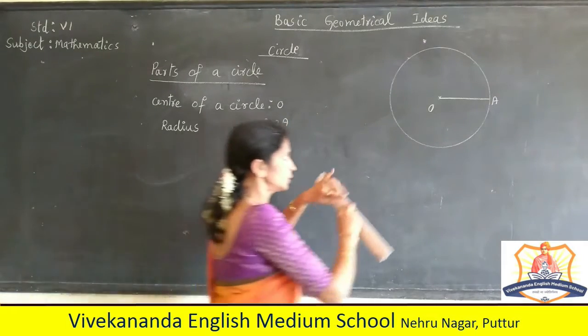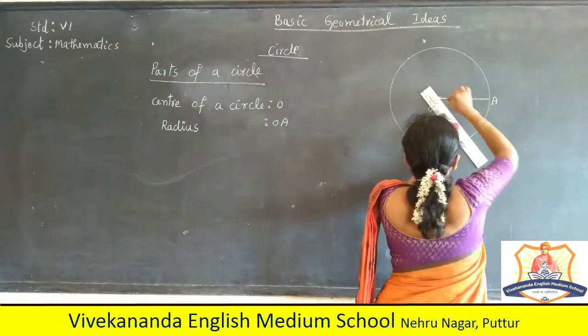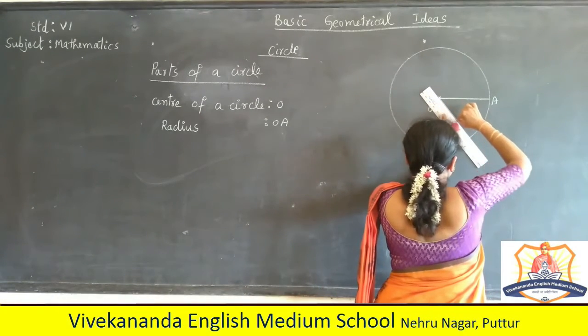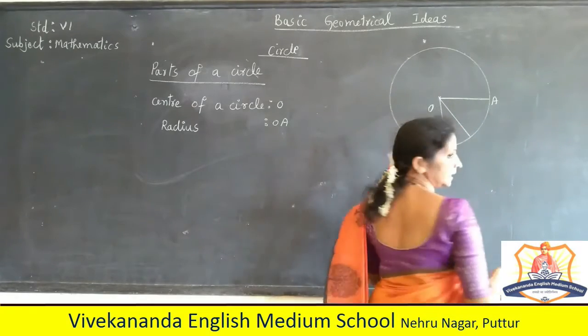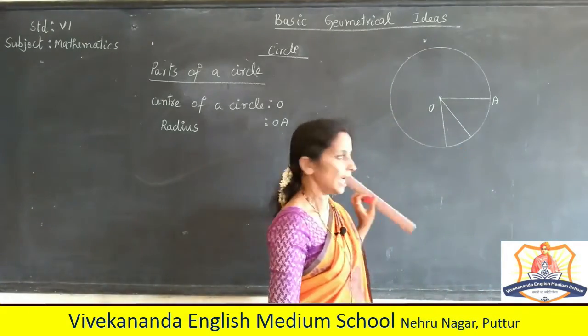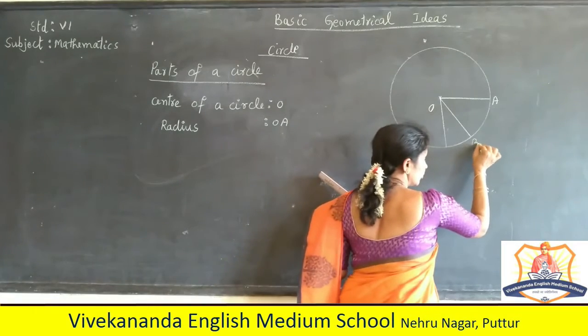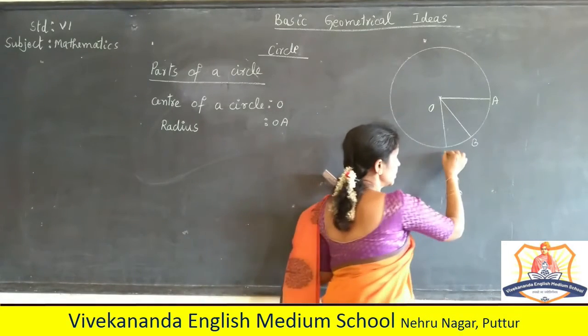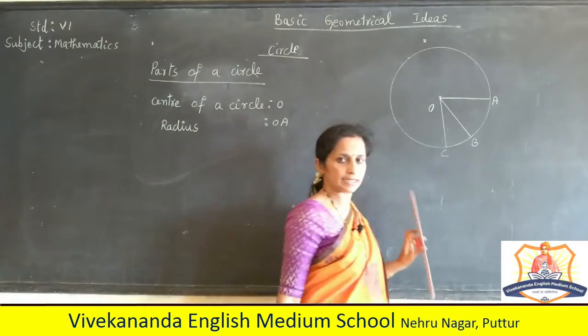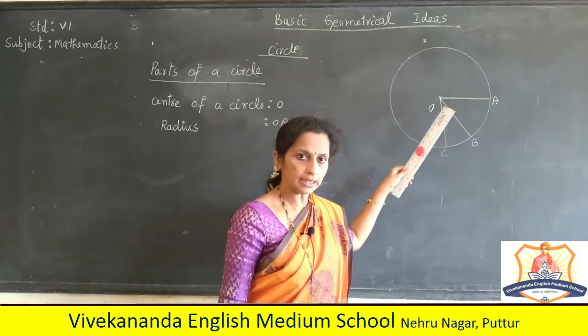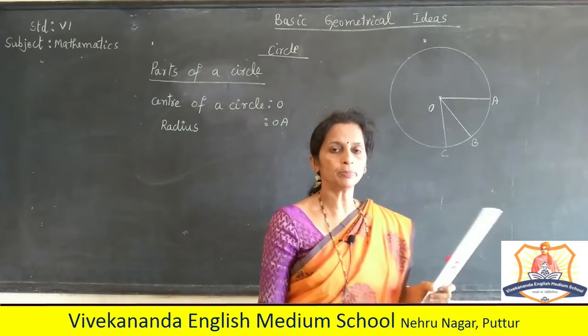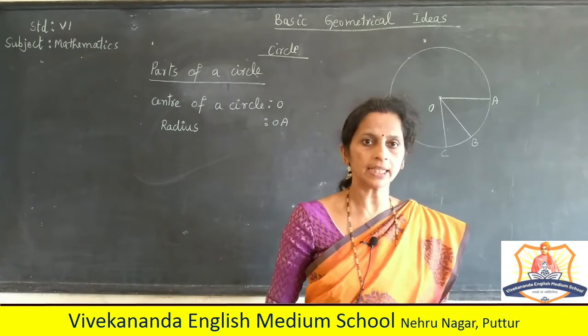And if you join many lines from the center to the circle, you are getting different radii. Here OB is another radius, OC is another radius. So we got 3 radii, and the plural form of radius is radii.